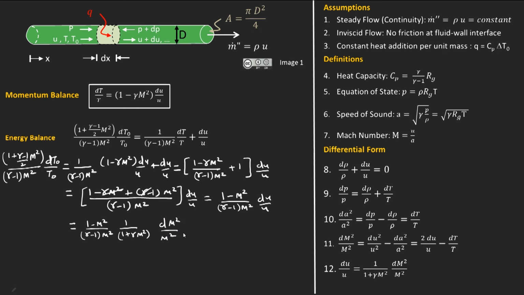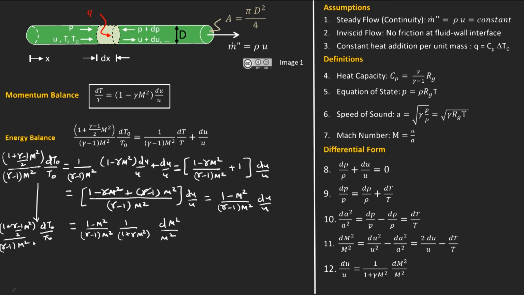Alright, so let's bring out the left hand side we have ignored for so long down here and write it as 1 plus gamma minus 1 over 2 M square in the numerator times dT naught over T naught divided by gamma minus 1 times M square.